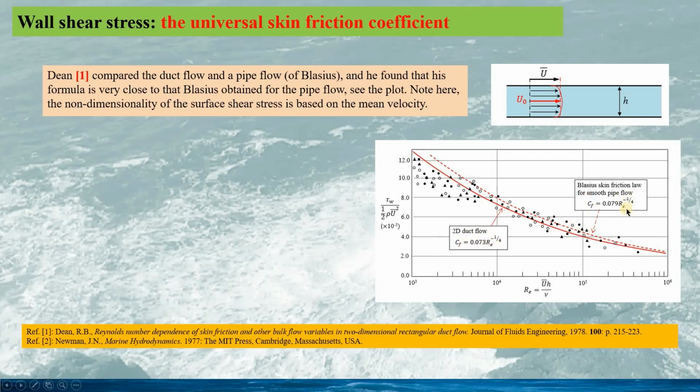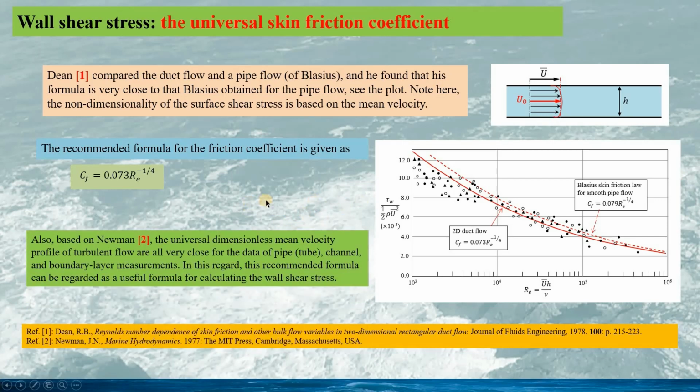When we compare this and this, the slight difference is the coefficient, 0.073 and 0.079. And the Reynolds number here is based on the mean velocity. As a result, the recommended formula for the friction coefficient Cf is given as this for the duct flow.